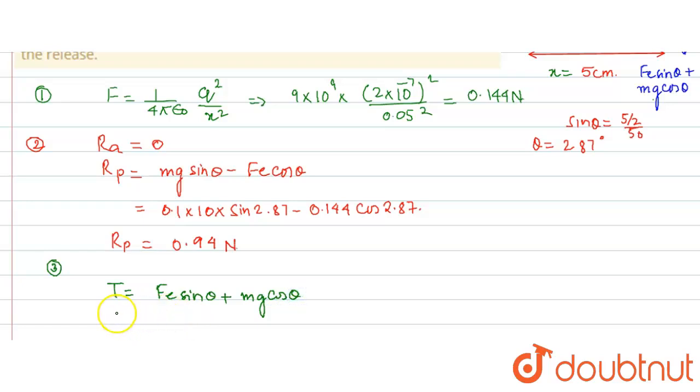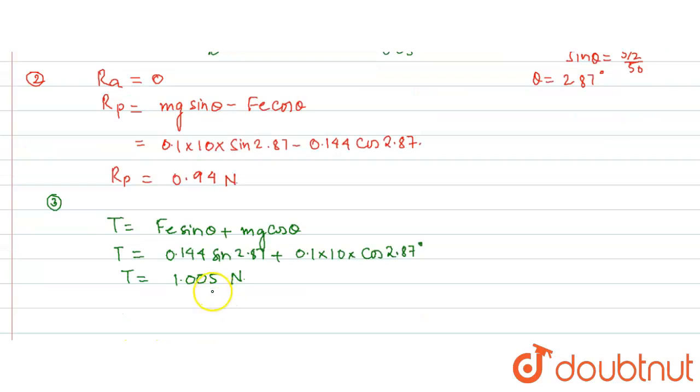Putting in the values, this is 0.144 sin 2.87 plus mass, which is 0.1, with g as 10, times cos 2.87. If we solve this, the tension will be 1.005 Newton.